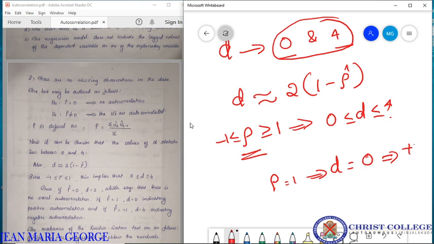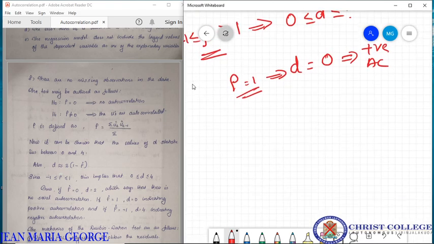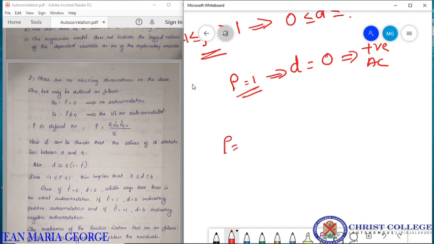So rho equal to 1 implies D equal to 0. That means positive autocorrelation is there, because our correlation coefficient is equal to 1. Rho equal to minus 1 means D equal to 4, which implies negative autocorrelation, because our coefficient is negative.